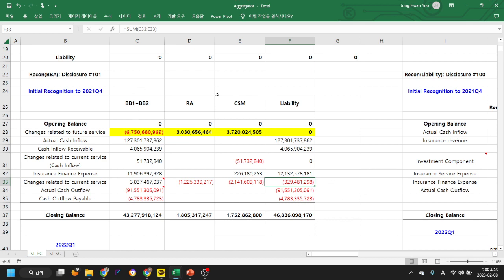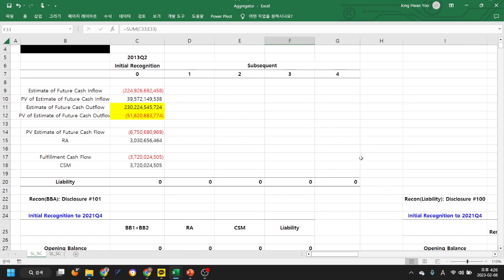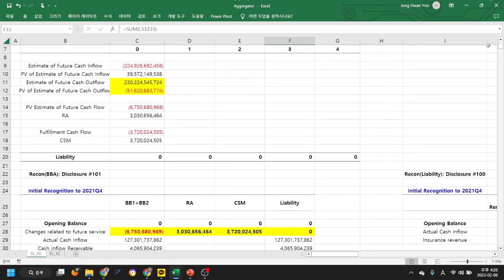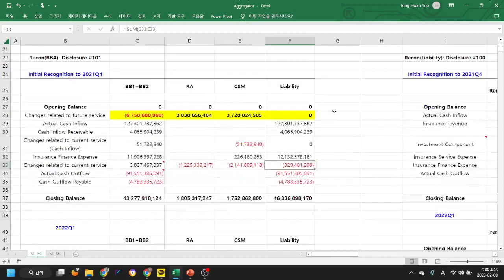So this is a transition, and you should have all the actual data, and then you go back to the 2013 second quarter, and as I have already shown you, you apply whatever full retrospective or modified retrospective based on the standards, and you come up with the 2021 year end closing balance like this.